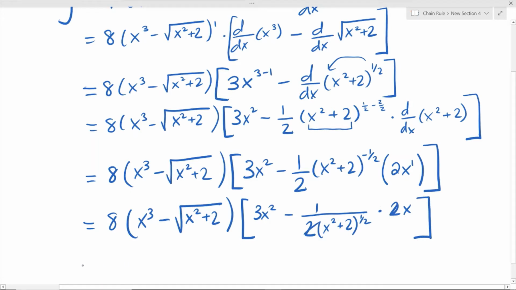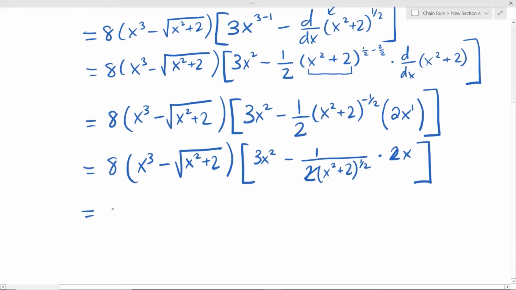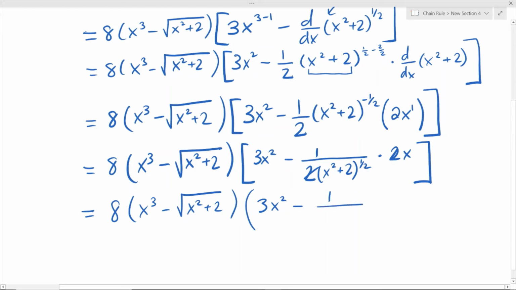Okay, and now from here we will get 8 times x cubed minus square root of x squared plus 2. I'm going to use round brackets in place of the square brackets. So that's going to be 3x squared minus 1 over, well, let's make this into square root because it's the exponent of half. So I'm going to write square root of x squared plus 2 and this is an x here, so times x.